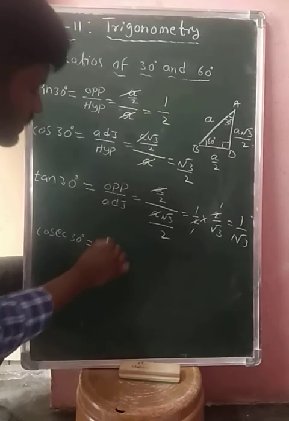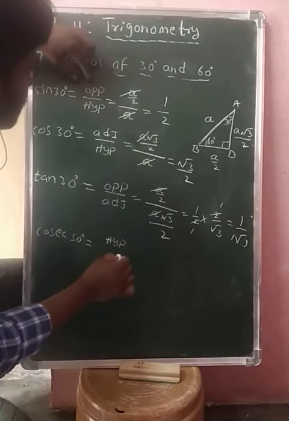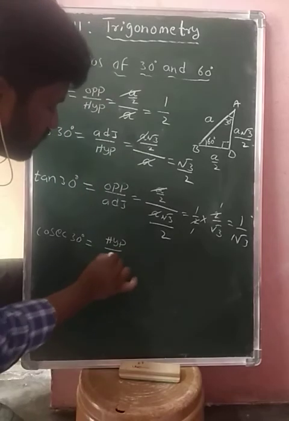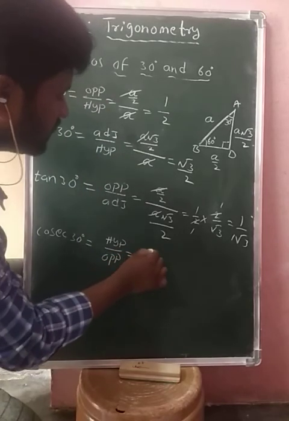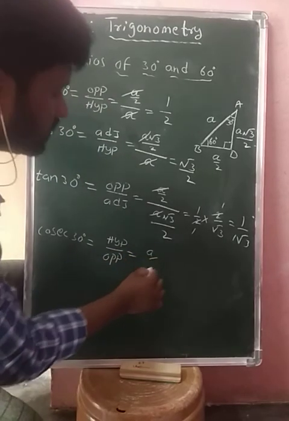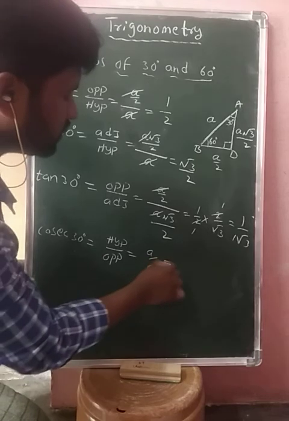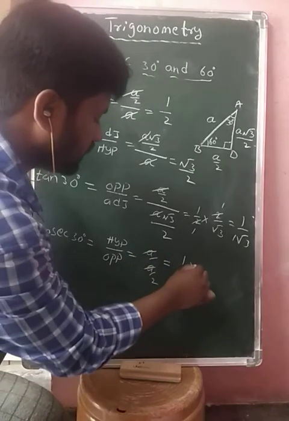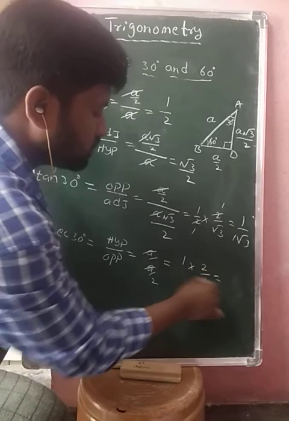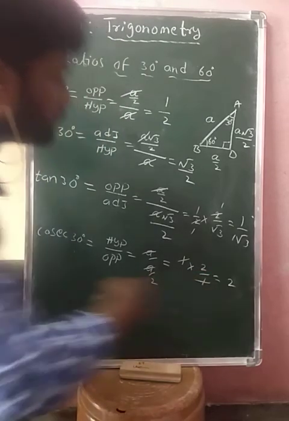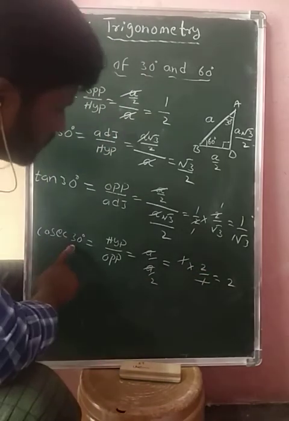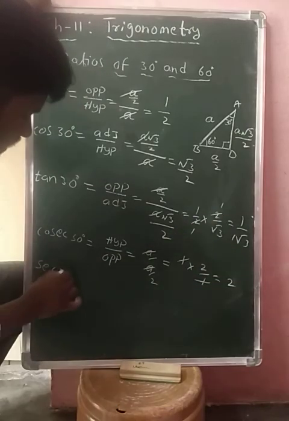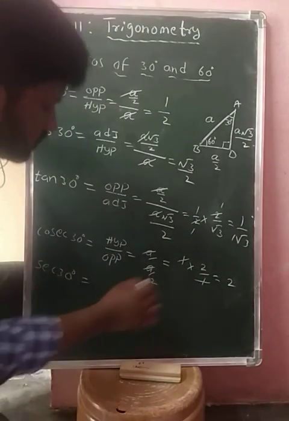That is the reverse of opposite by hypotenuse, that is hypotenuse by opposite, A by A by 2. A cancels, that is 1 into 2 by 1. So 1 cancels and we get 2. So cosec 30 degrees is equal to 2.